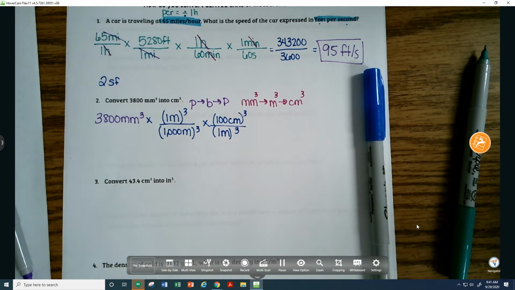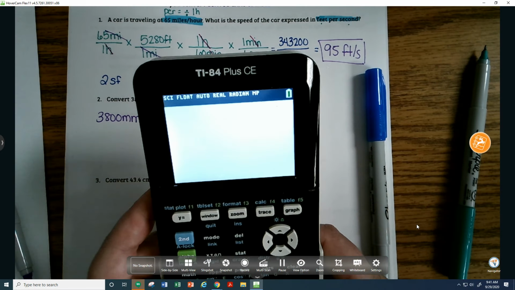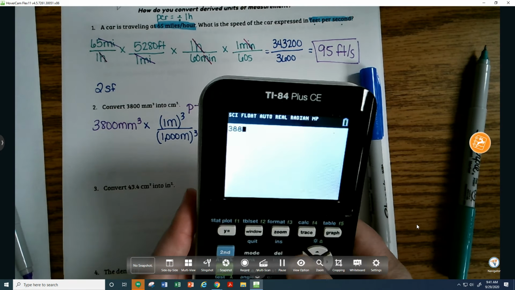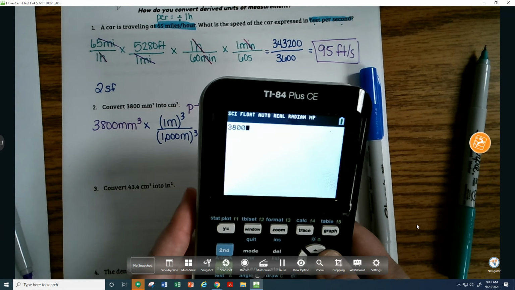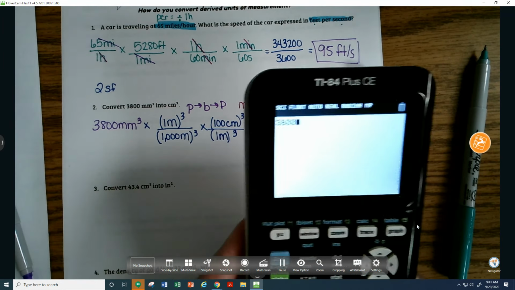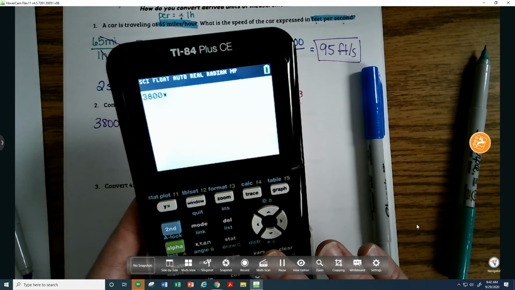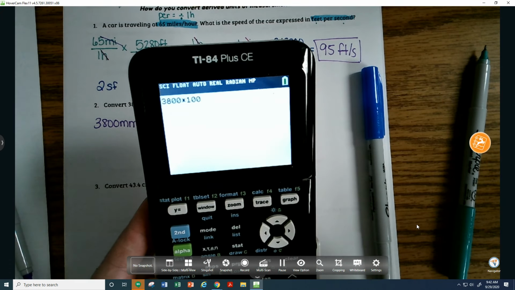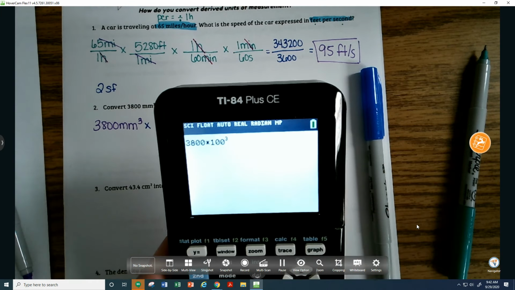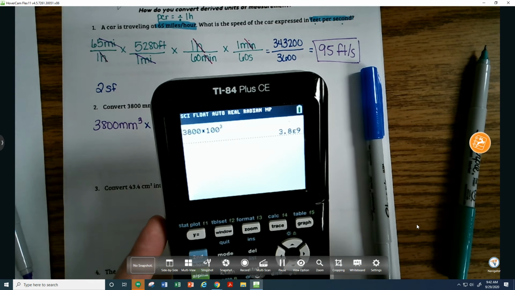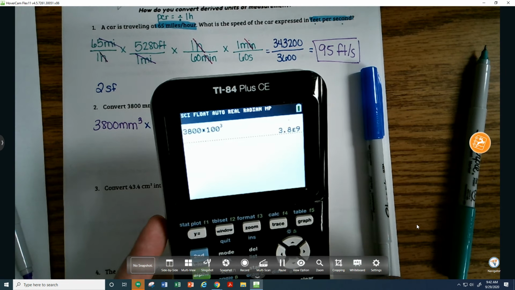So what you would do on your calculator is you're going to type in your 3,800 times, well, 1 cubed is 1, and so then we have 100 to the power of 3. Okay, so the next thing is I would recommend putting your calculator into scientific notation mode.